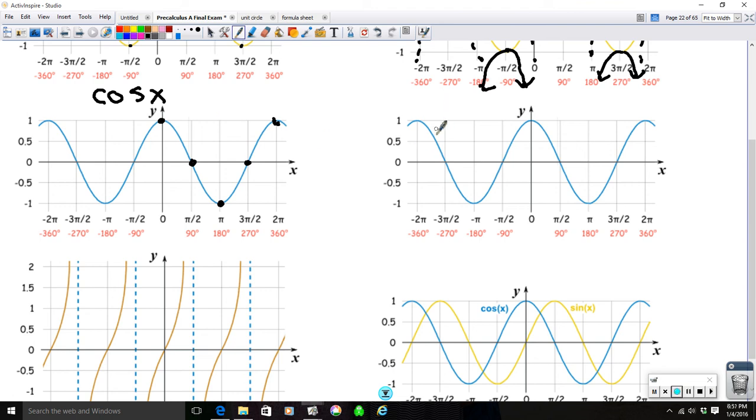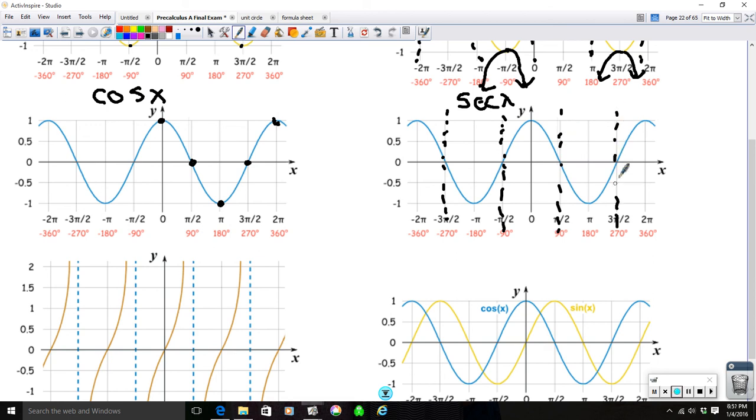So we're going to do the same thing here for the graph of secant of x. We're going to put asymptotes where those x-intercepts are. They're not very neat, but they work. And here is the next asymptote.